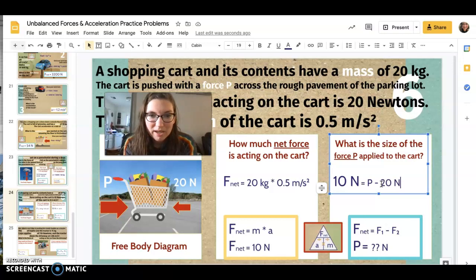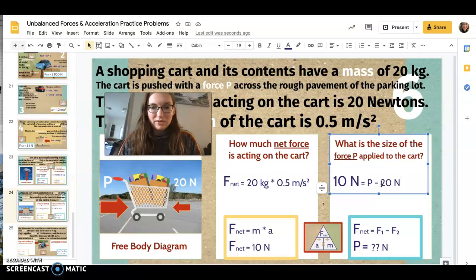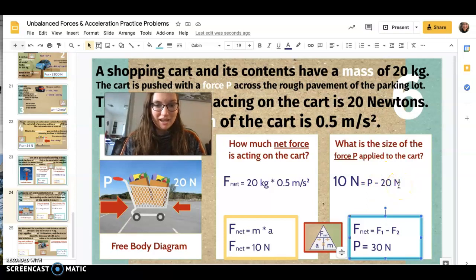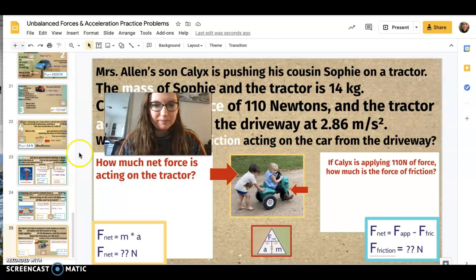So something minus 20 equals 10. So that's going to be 30 newtons. So I need to push with a force of 30 newtons to overcome this 20 newtons of friction force and push that cart forward. That's what's going on there. Okay? So a couple steps there, but you could do it.